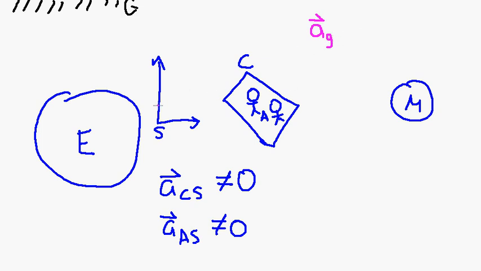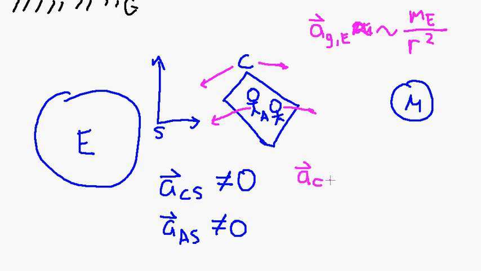So gravitational acceleration from Earth is proportional to the mass of the Earth divided by the distance to the Earth squared. And so basically for this capsule and for the astronauts, it's the same distance, right? So any acceleration the capsule is feeling towards Earth, the astronauts are also feeling. If the moon is accelerating them, then they're also feeling that. So the point here is that the acceleration of the capsule with respect to space equals the acceleration of the astronauts with respect to space.